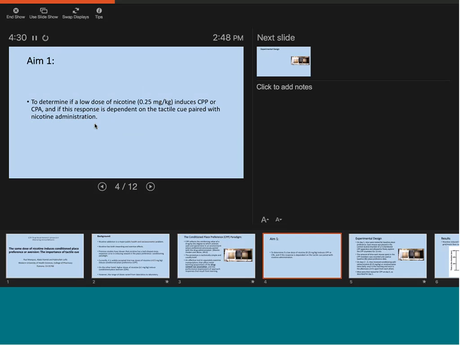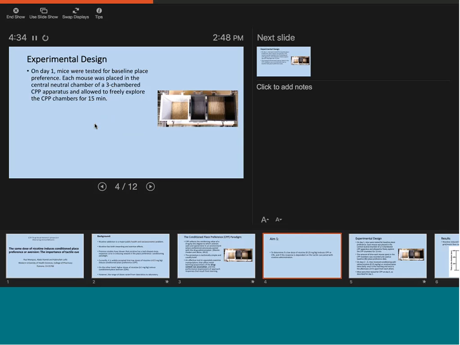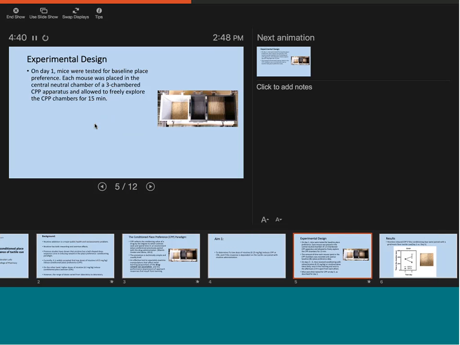So what we did in terms of the CPP in the laboratory is we took some animals and did a one-week conditioning CPP.